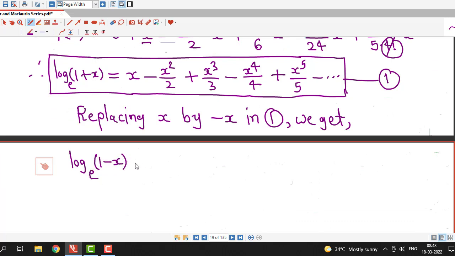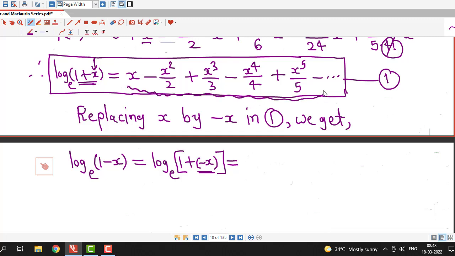Log of 1 minus x to the base e. This I can rewrite as log of 1 plus minus x to the base e, and therefore if I compare with this, I obtain that instead of x I have minus x here.